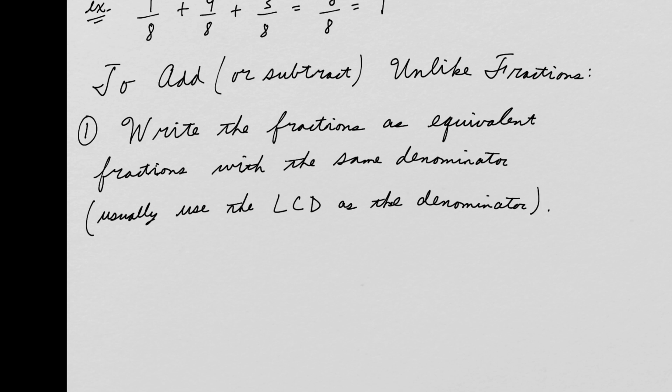Okay, once you've done that, you basically now are going to do exactly what we did if they're like fractions, right? Because now if they have the same denominator, they're essentially like fractions now.